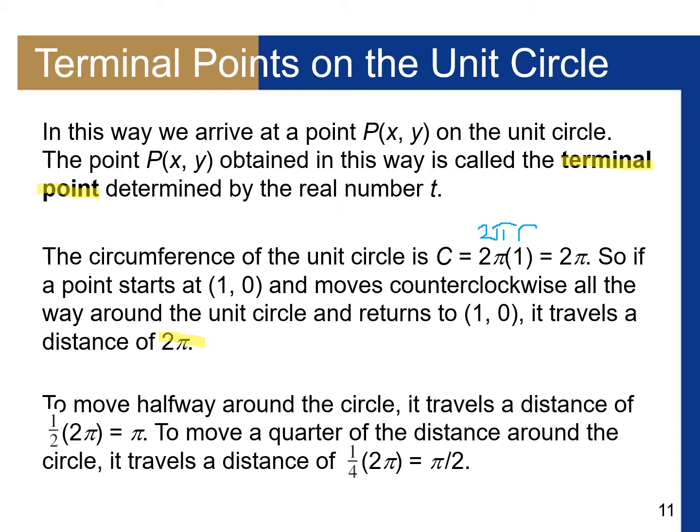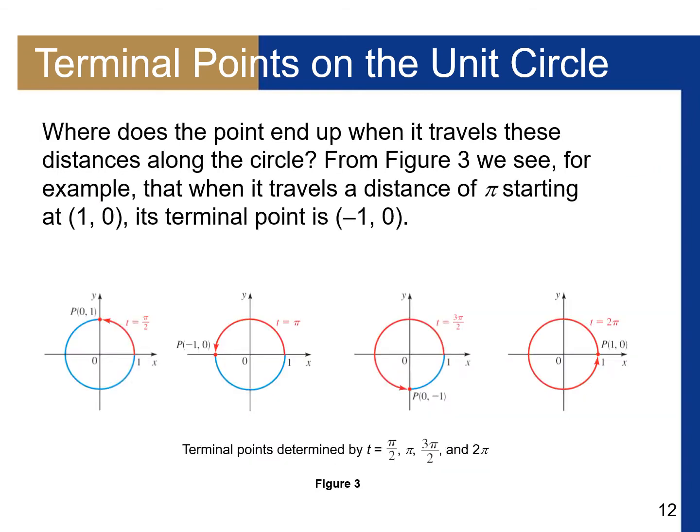Now, if we go halfway around the circle, it will travel the distance of 1/2 times 2 pi, which is pi. If we go a quarter of the distance, it would be pi over 2, and so on. Where does the point end up when it travels these distances along the circle?